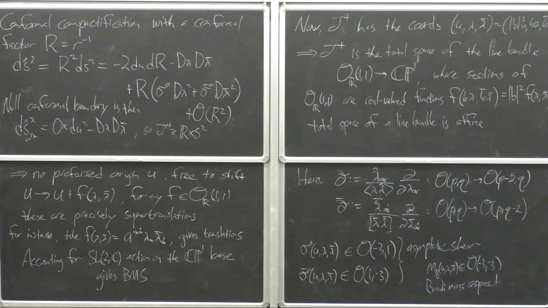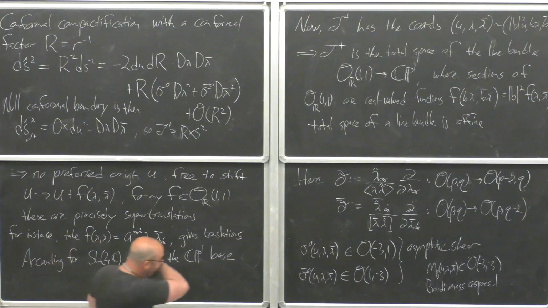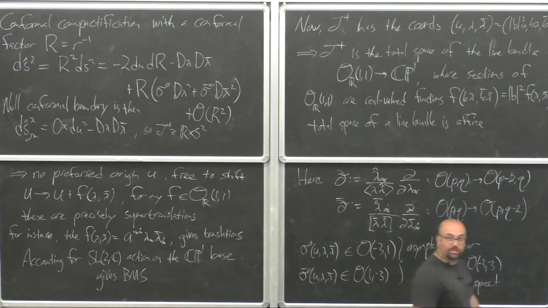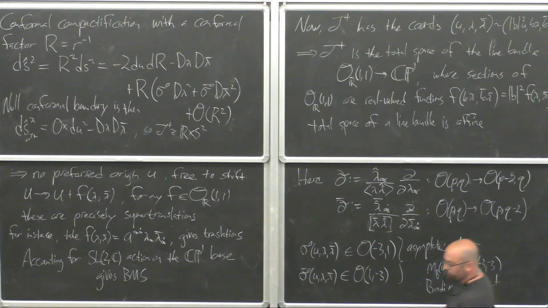So the asymptotic symmetry group that we've all been taught to expect when you have this Bondi-Sachs expansion just falls out in your lap in this way of doing things.